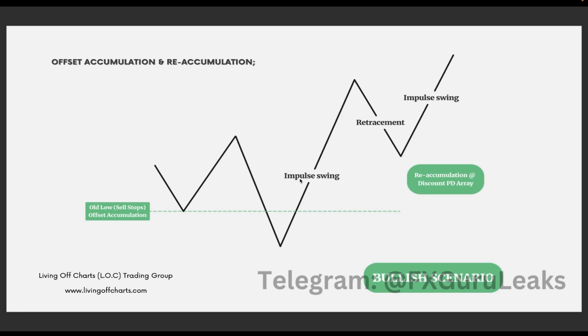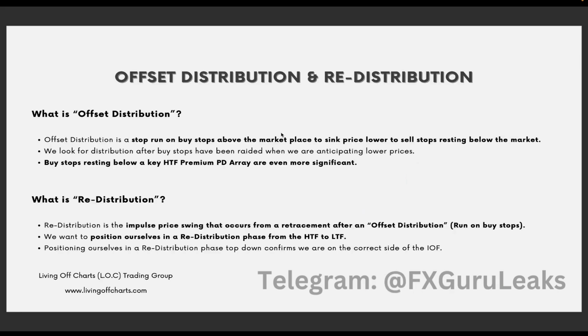Once we have that impulse price swing, we wait for a retracement into discount PDRA, breaker, FVG, order block. Reaccumulation occurs at the discount PDRA for another impulse price swing. So the idea is to position ourselves with a reaccumulation phase from the higher time frame to the lower time frame.